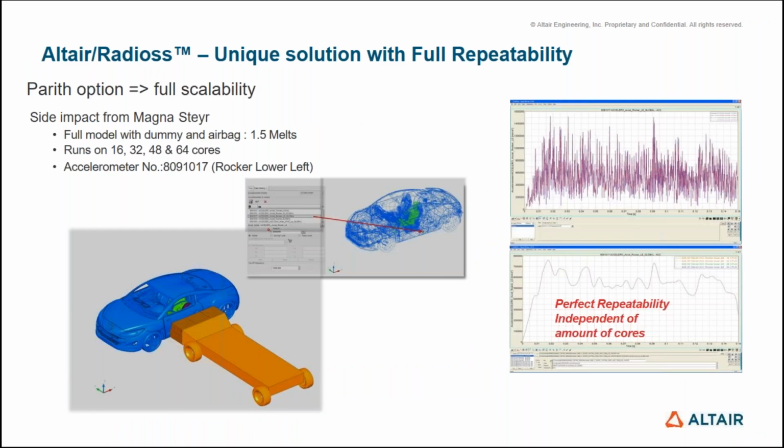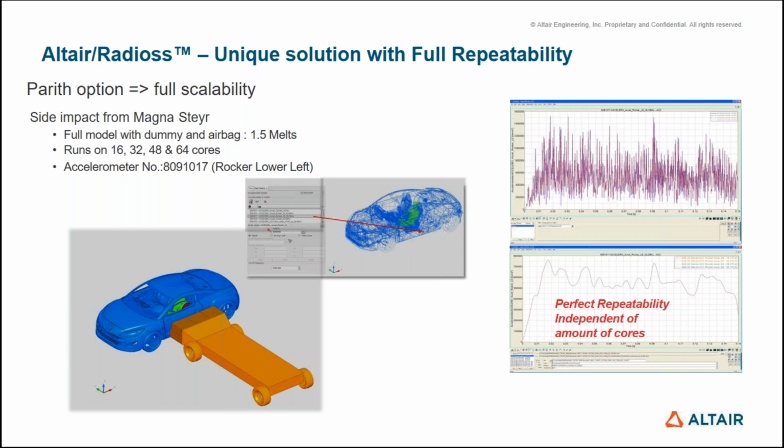So you can see one is the scalability. The next one is, say for example, if you are using parallel processing or many cores, then repeatability of the results is quite important, right? We have seen other explicit codes which are very vulnerable if you increase the number of cores.